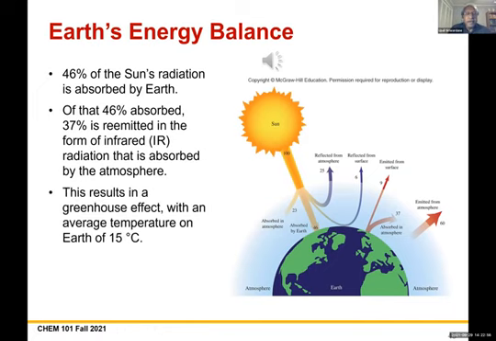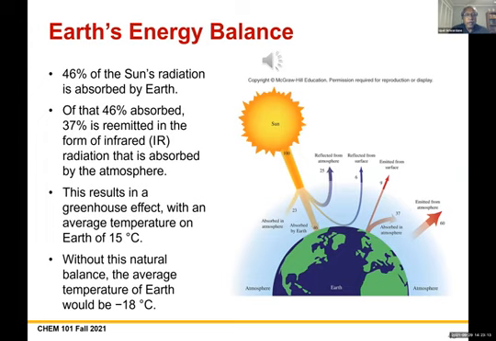This results in a greenhouse effect. This is where it is needed. If there's no carbon dioxide in the atmosphere, no greenhouse gas, our Earth will cool off to -18, which is not a good thing. We cannot live.